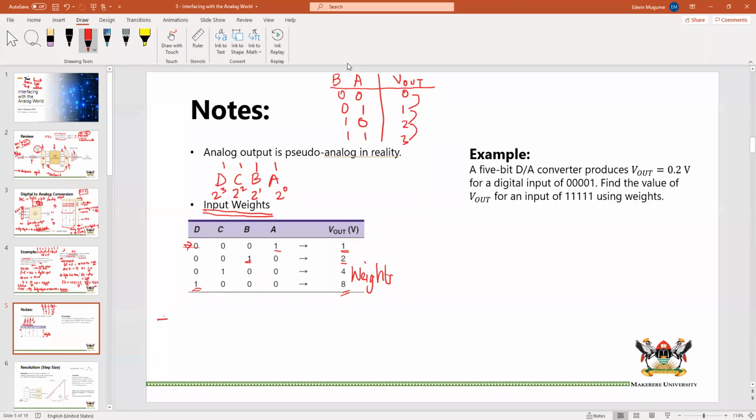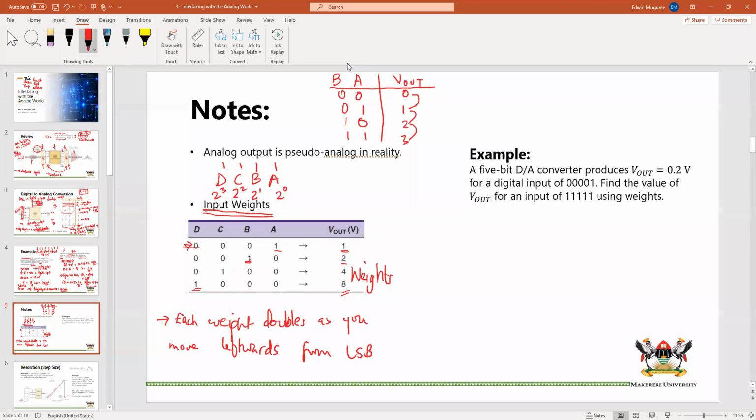We should also note that each weight doubles as you move leftwards from the least significant bit.